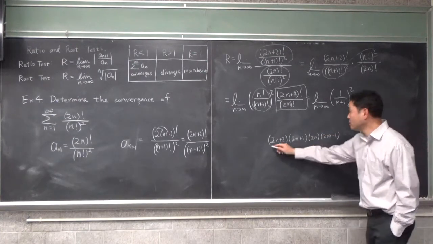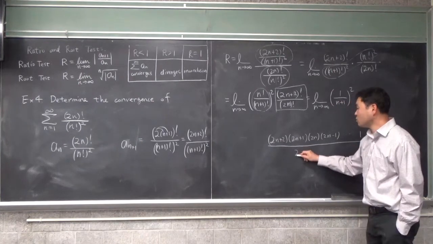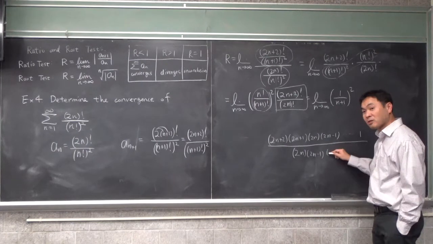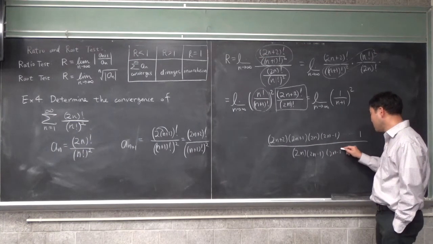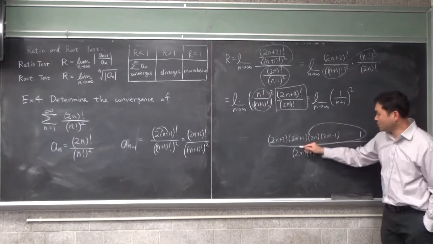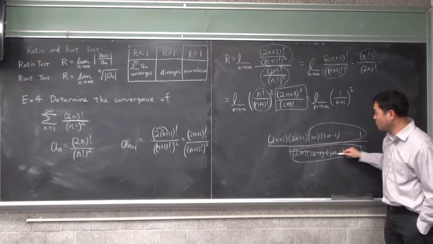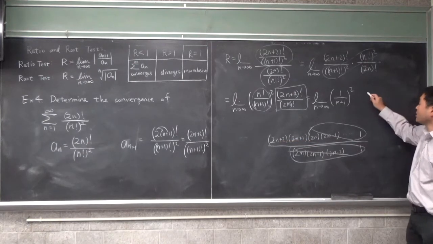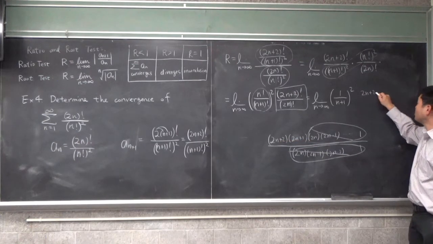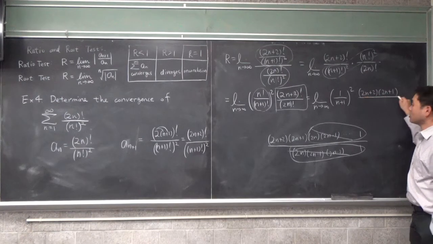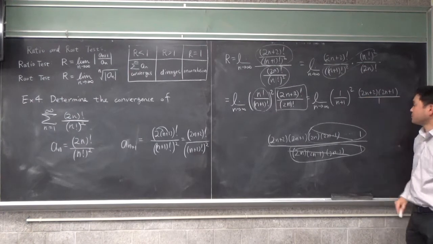The bottom one is 2n times 2n minus 1, keep subtracting 1 until you reach 1. And if you look at this part and this part, they're exactly the same, so after you cancel them away, that's what's left. So you get 2n plus 2 times 2n plus 1 over 1.